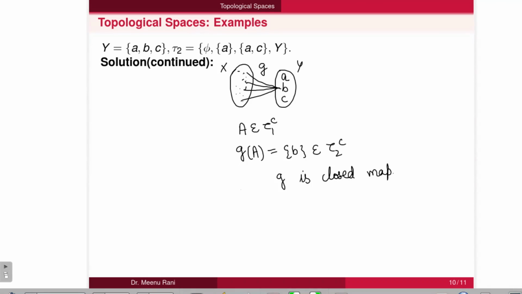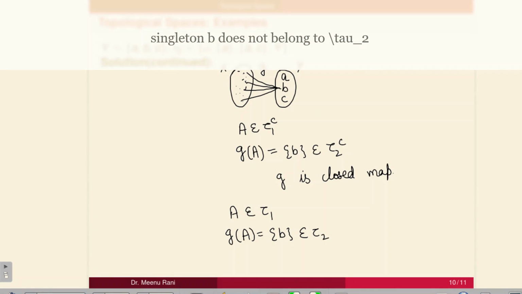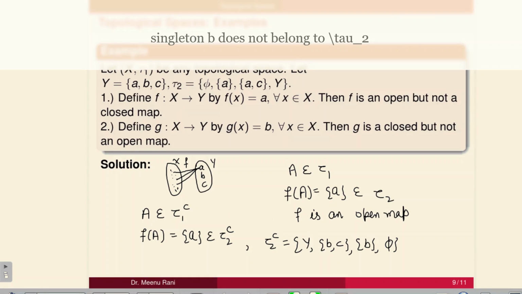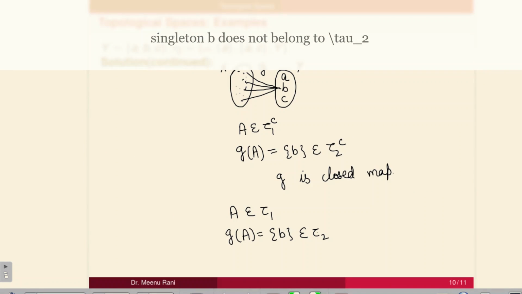But it is not open, as if we take A belonging to tau1, it is an open set in X, then its image is B only, because all the elements are mapping to B, but B does not belong to tau2, as tau2 contains A, AC, but not B. So we can say that B is not open in Y. Thus G is not an open map.